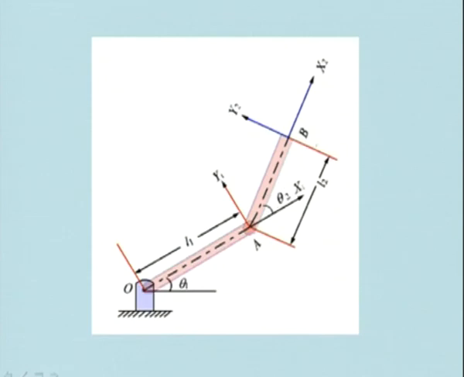So this is theta 2, and this is x1, y1, and this is L2.